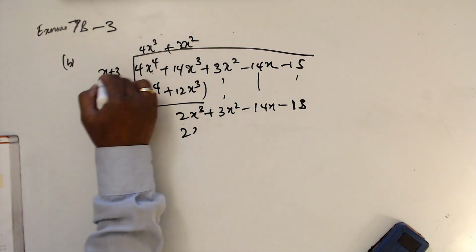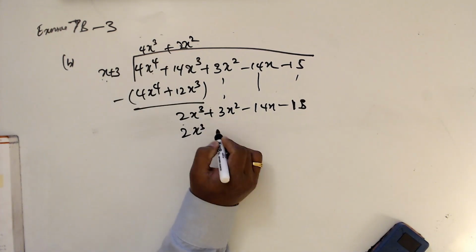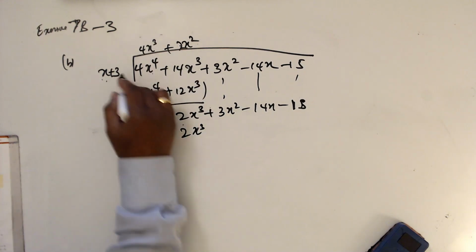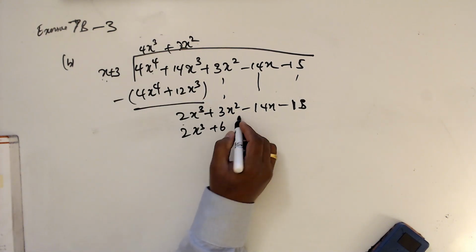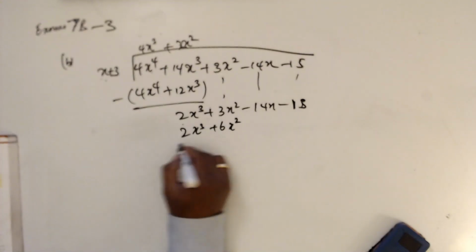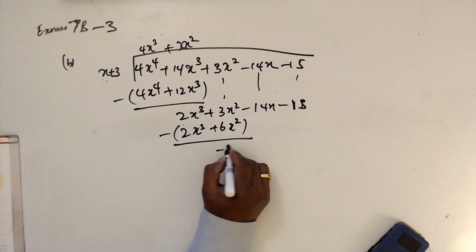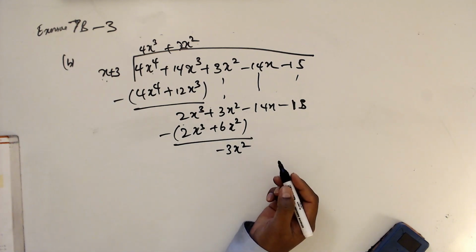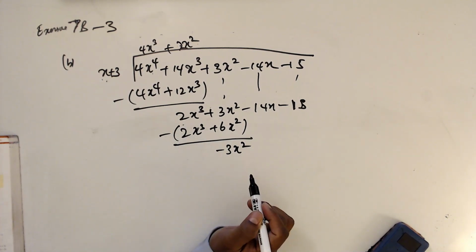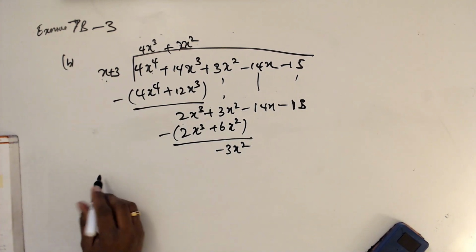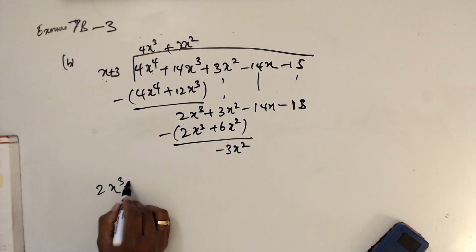So plus 2x square times x, 2x cubed. And this is going to be 2 times 6x square. This is going to be minus 3x square. You have to minus, if you are not sure, write and minus this one.